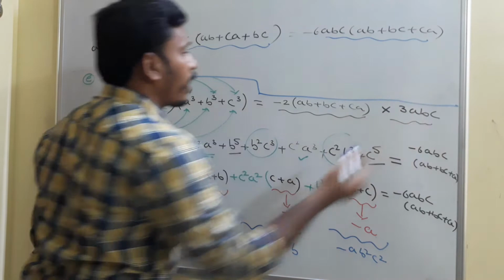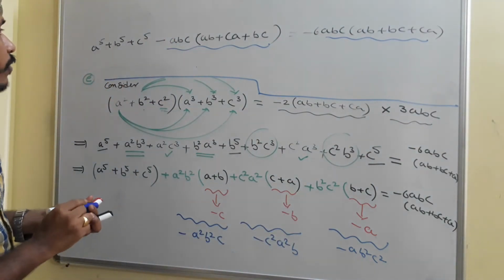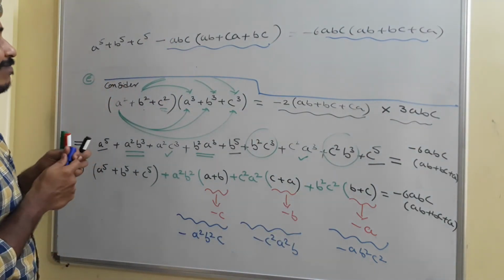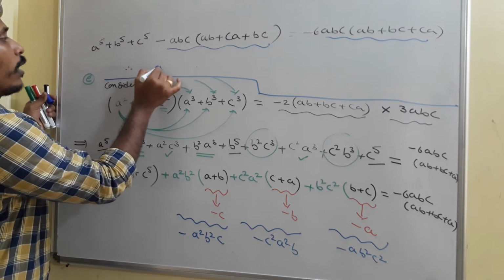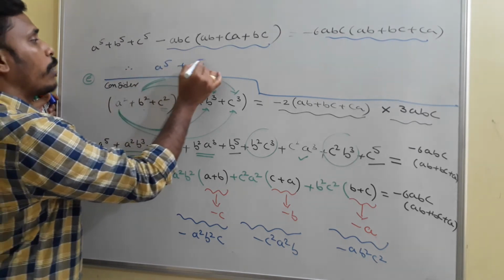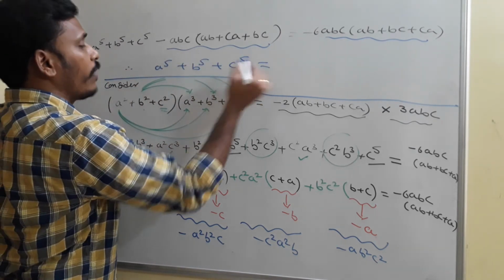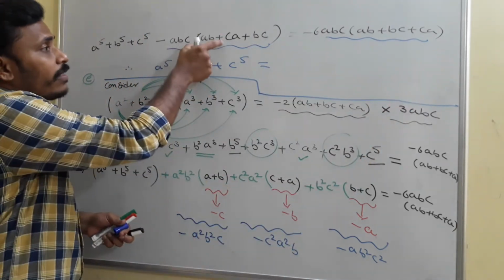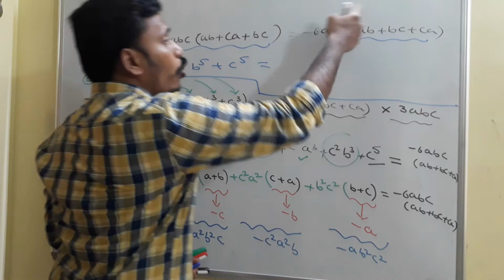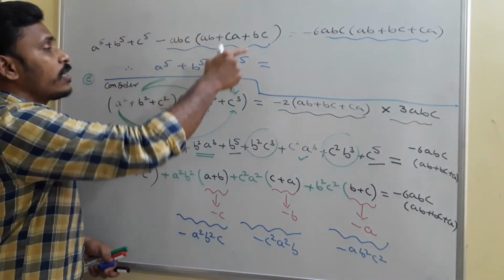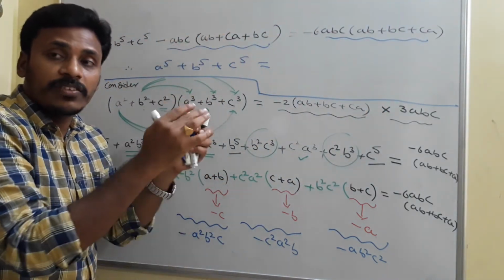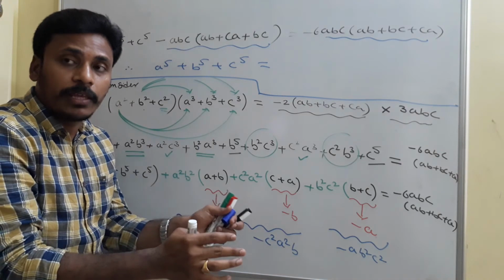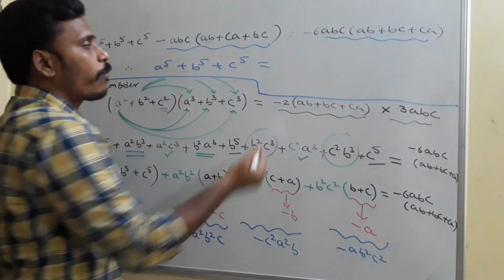So at the end what I am going to tell you is, from there it is very clear that a power 5 plus b power 5 plus c power 5 is equal to, send this term to that side. If you send this term to that side, this total quantity and this quantity, since they are the same, minus 6 times of something plus 1 is minus 5.